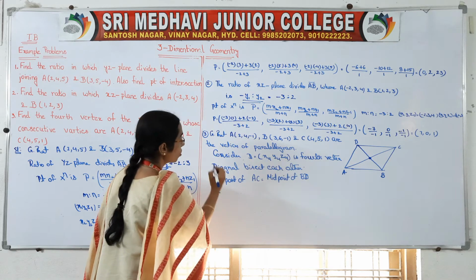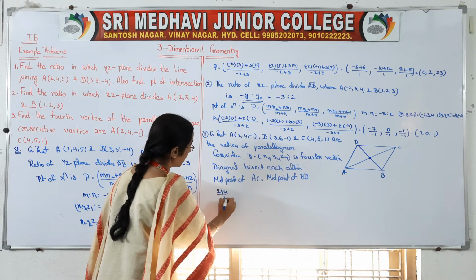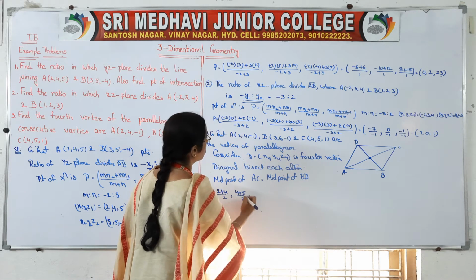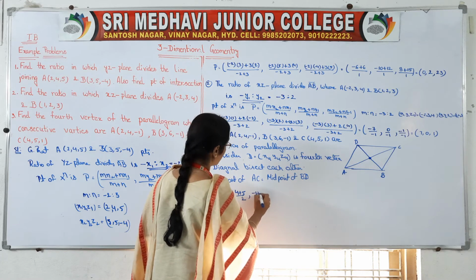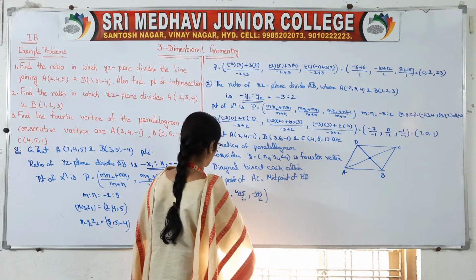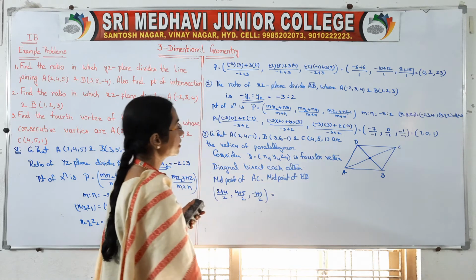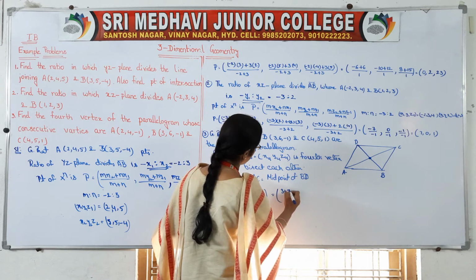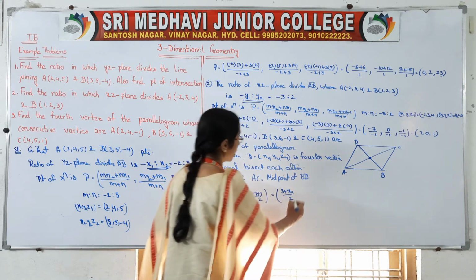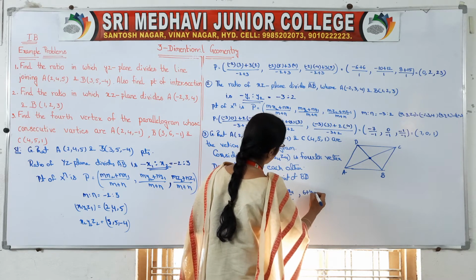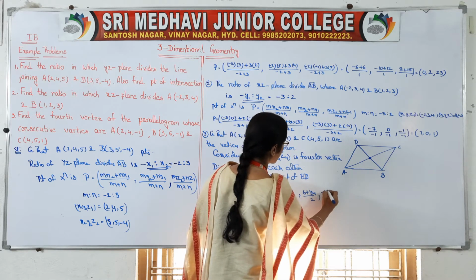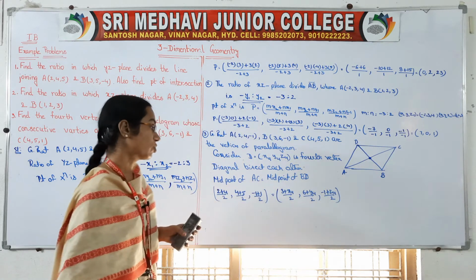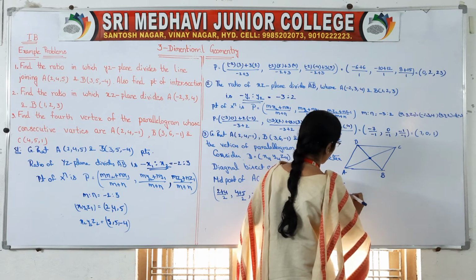So it is 2 plus 4 by 2, comma 4 plus 5 by 2, comma minus 1 plus 1 by 2, is equal to the midpoint of BD: 3 plus x4 by 2, comma 6 plus y4 by 2, comma minus 1 plus z4 by 2.